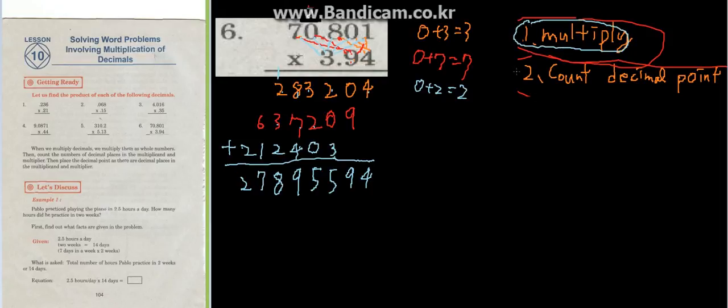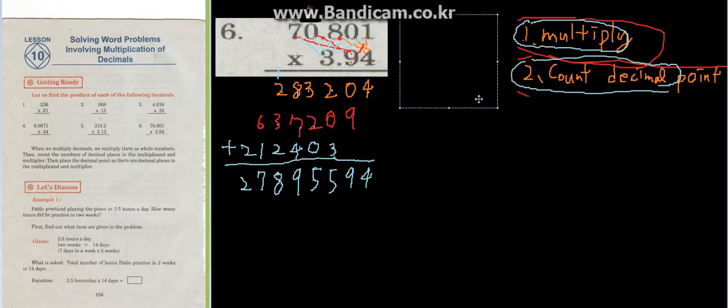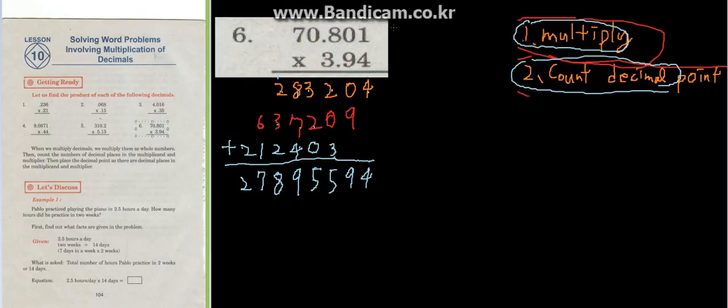Now we go to the second step of counting decimal points. How many decimal places does each number have? The number above, okay, this is quite messy. Just a moment. Okay, I'm back. I just cleaned up the number over here. So let's count the decimal places.